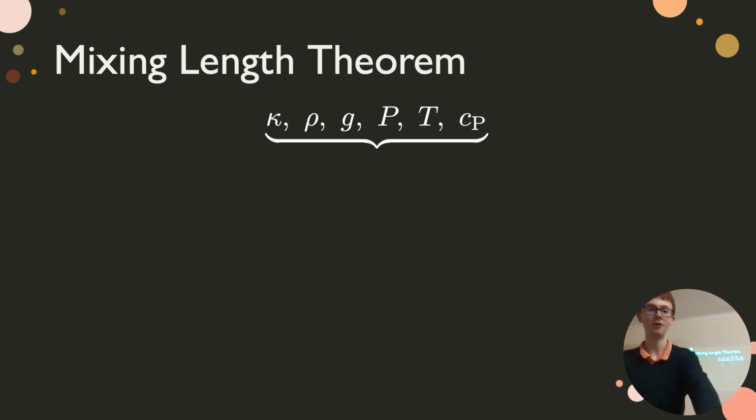So first off, we have these raw values: things like opacity, which is kappa, that's this first one, density, rho, gravitational acceleration or gravitational field strength, g, pressure, p, T is temperature, and cp is specific heat at constant pressure, if you remember from your GCSE physics years.